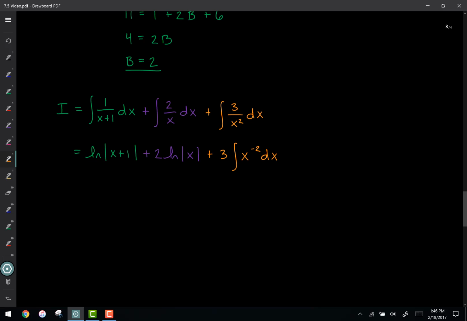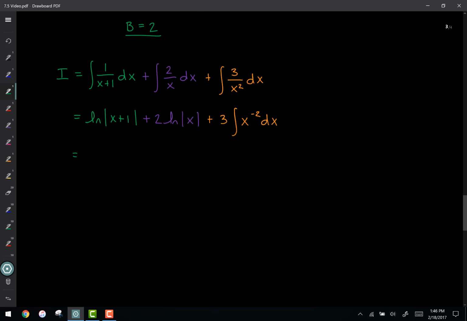And then just power rule that piece. So let's rewrite this. What are we going to get? We're going to add 1 to -2, so now it's -1, divide by -1, so this will be a minus 3 over x, plus our integration constant. Not to be confused with the c that we had up above.